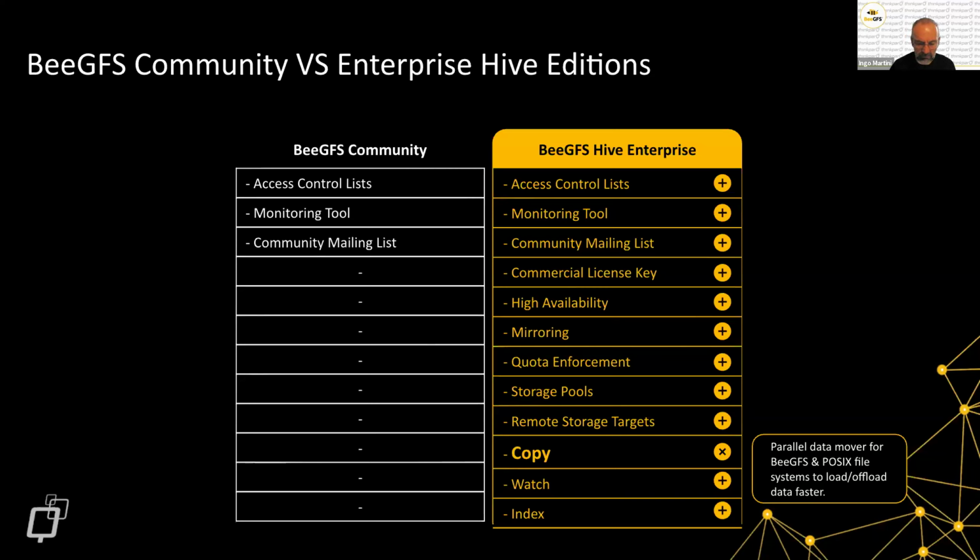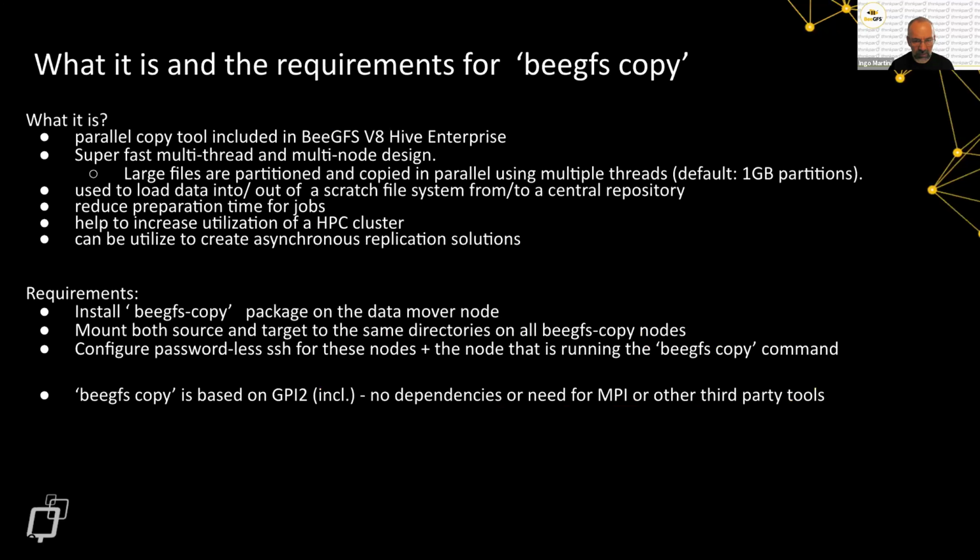What exactly is the BeeGFS copy tool and why should we use it? The parallel copy tool is, as we mentioned, part of our CLI for BeeGFS 8, and it gives you the possibility to have a single command line tool that can move a large amount of data between two POSIX file systems.